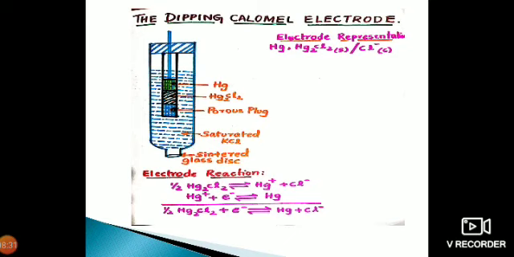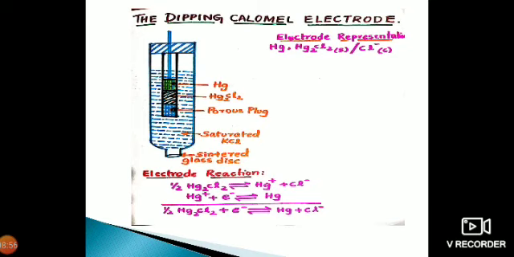Thus, a galvanic cell is set up and its EMF is measured with the help of a voltmeter. You can write down the electrode reactions. Before that, you can check the electrode representation: Hg, Hg2Cl2 solid, bar Cl minus, whose concentration is known to us.